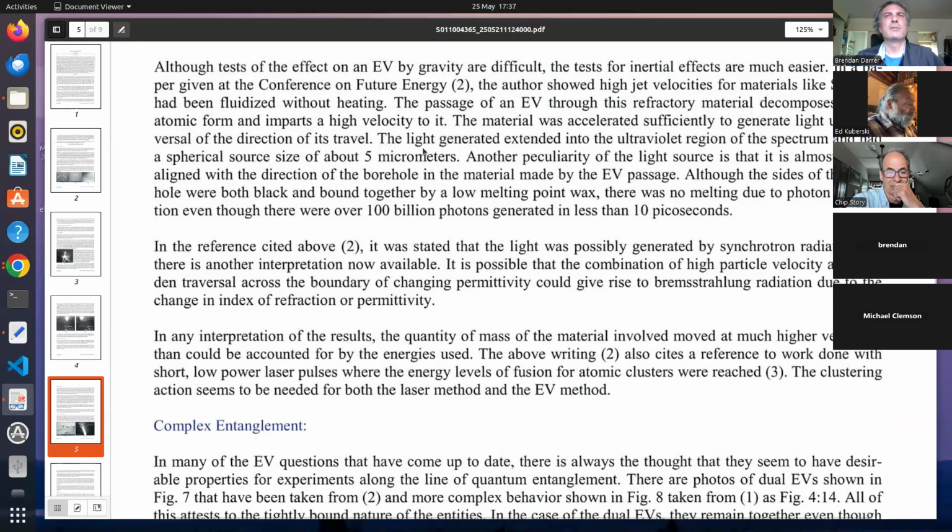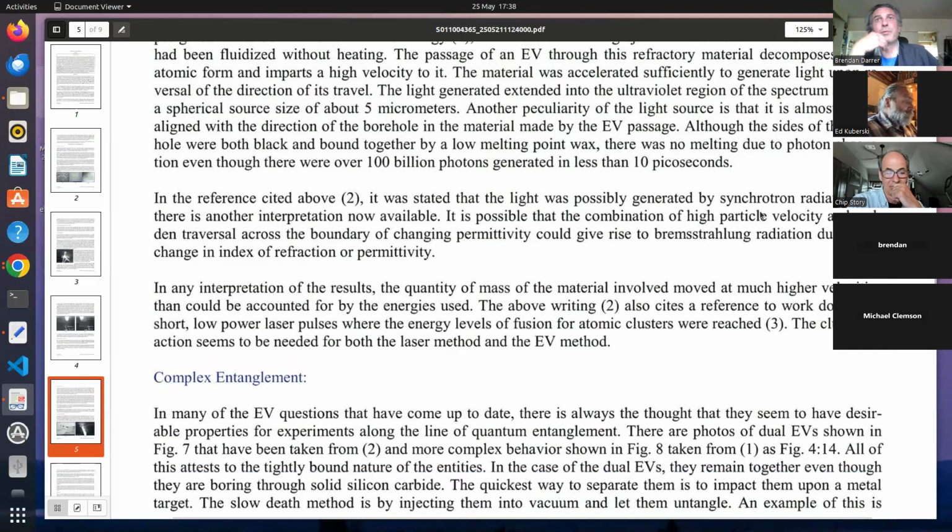The light generated extends into the ultraviolet region of the spectrum and had a spherical source size of about 5 microns. Another peculiarity of the light source is that it is almost aligned in the same direction of the borehole made by the EV passage.